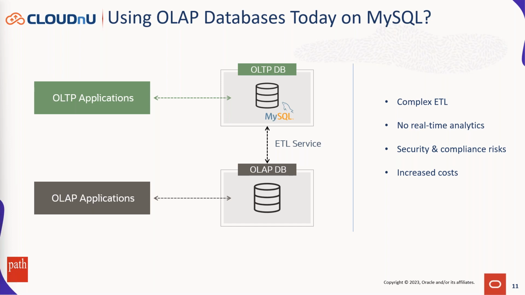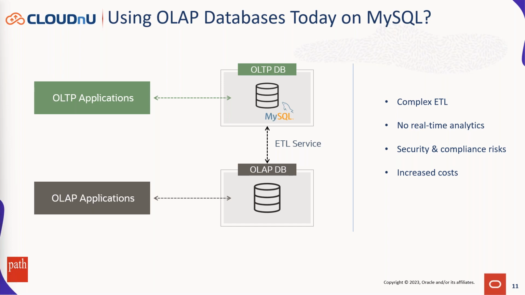Companies these days can't just rely on OLTP applications. They also need OLAP applications for their reporting and so on. So what they've been doing is this: they take their data from their Aurora cloud database, and they create an ETL, which is extract, transform, and load, to Redshift or any other analytic database.